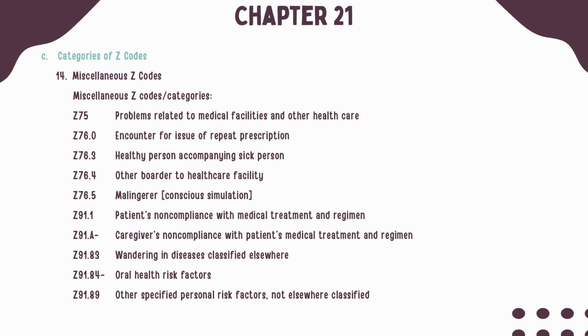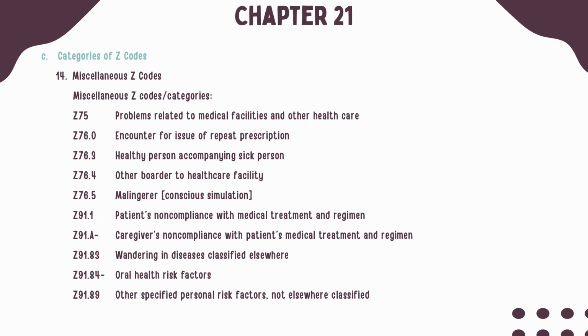Subcategory Z91.1 should be for use when a patient is non-compliant with medical treatment or regimens. Subcategory Z91.A is for use when a caregiver is non-compliant with a patient's medical treatment or regimen. Code Z91.83 is for use when a patient wanders and there is another disease present.